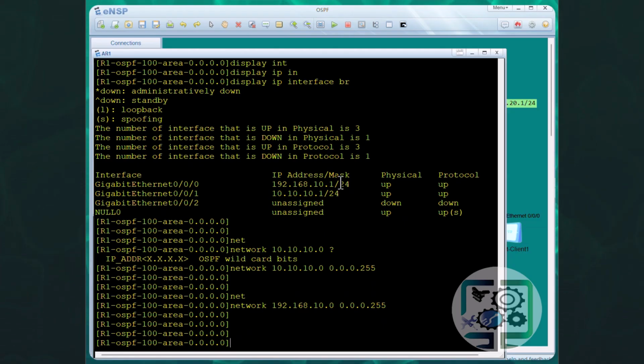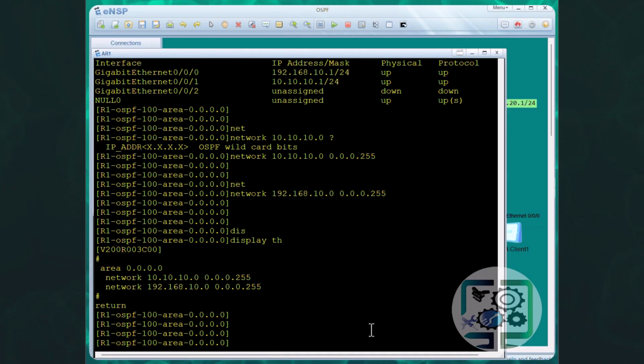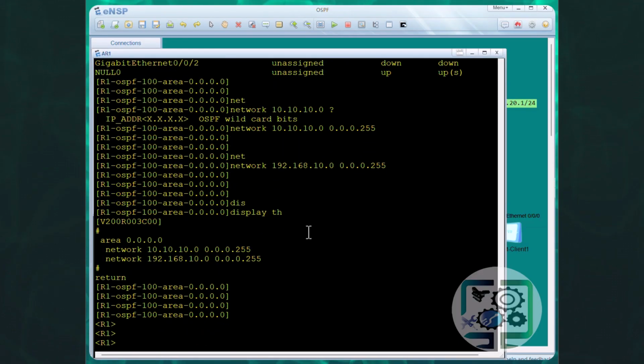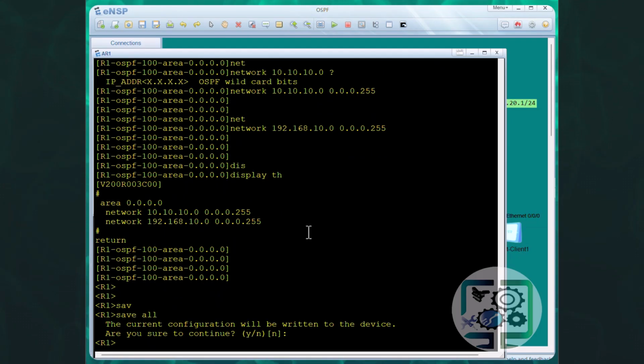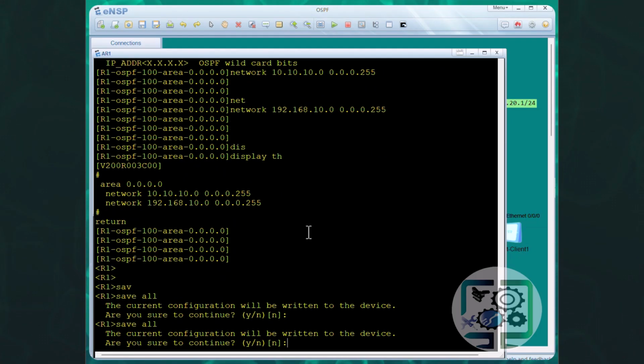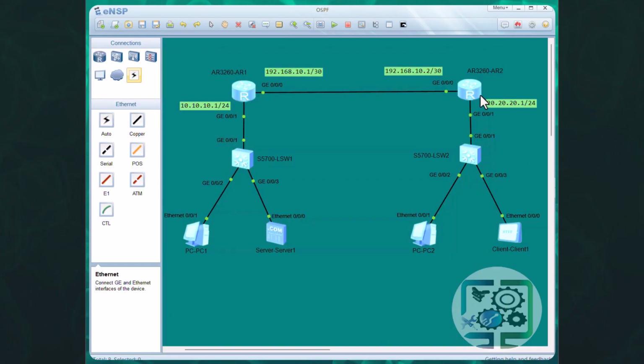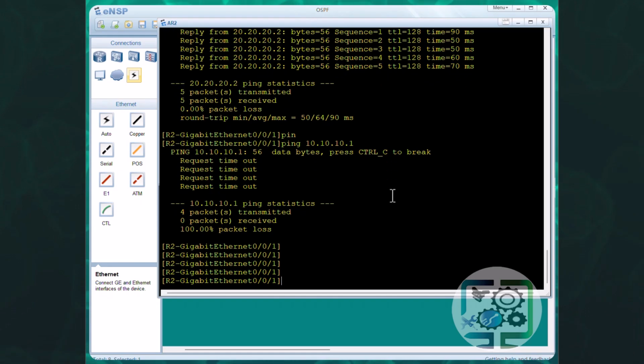If you configure /30, the wildcard mask will be 0.0.0.3. Since we configured /24, we will go with this wildcard mask. Here we can see both networks are advertised now. We can go back and save our configurations, save all and Y for yes, and the configurations are saved now. We will go to router 2.